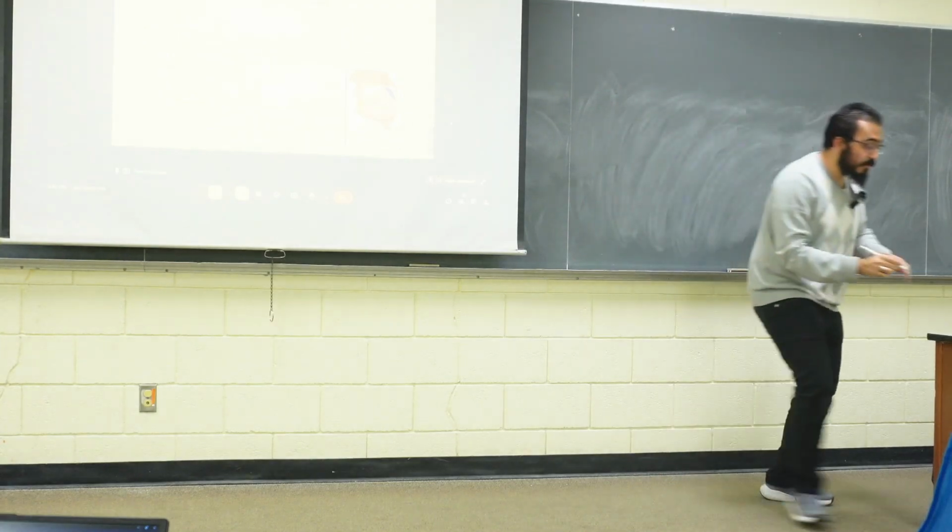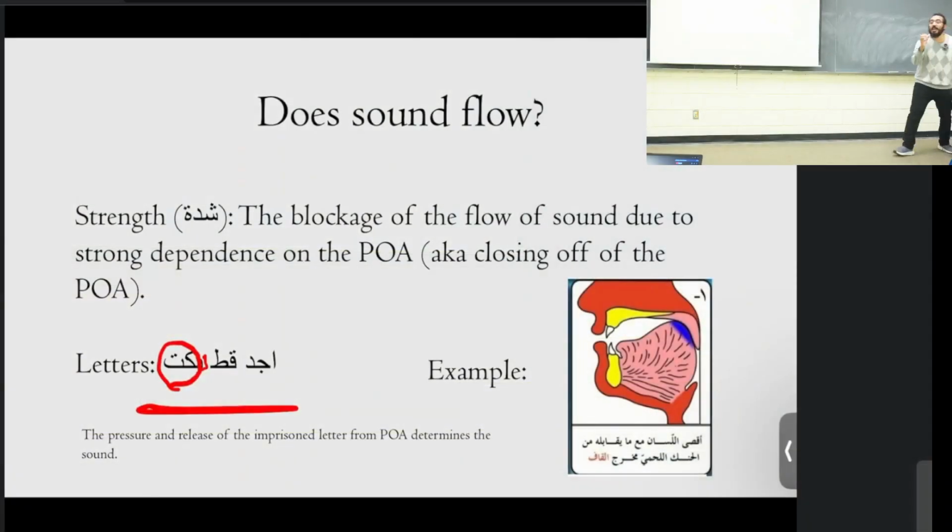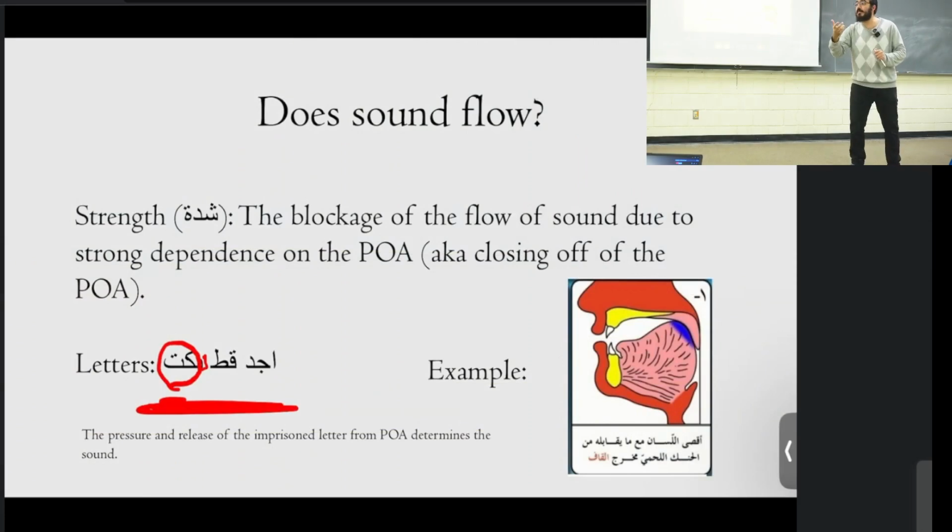So letters of shiddah here, they need a way to get emitted. If I stop there, I'll not hear the sound. If I say ak, ad, ak, at, there's no sound that gets emitted, right? How do I get the sound to be emitted? The kaf and the ta, you do airflow, okay?